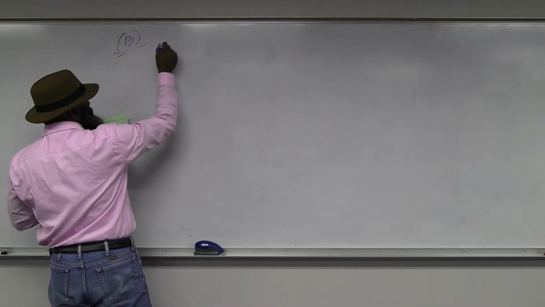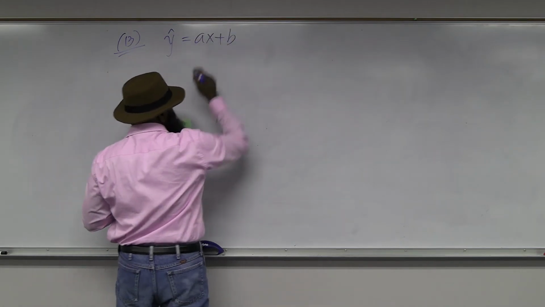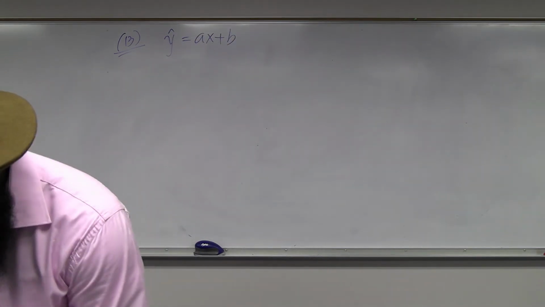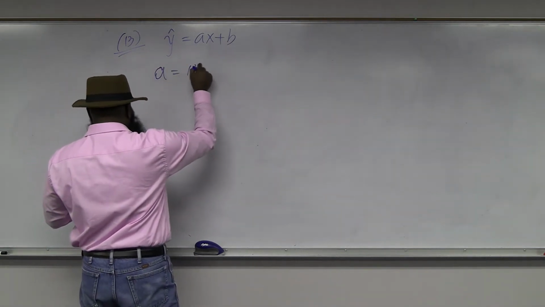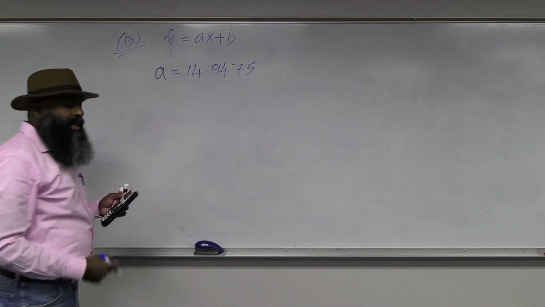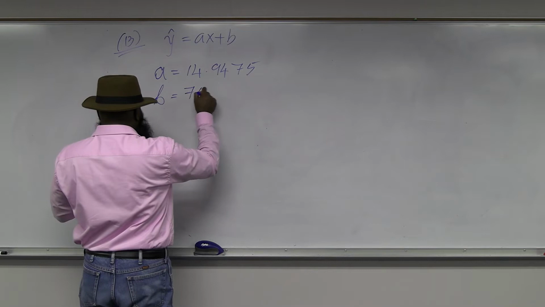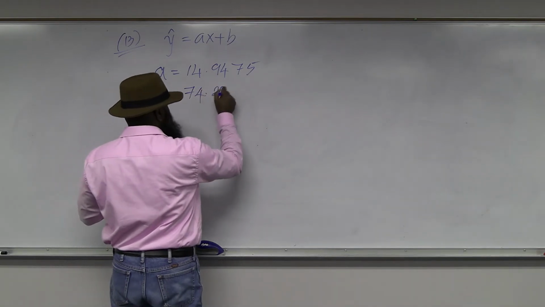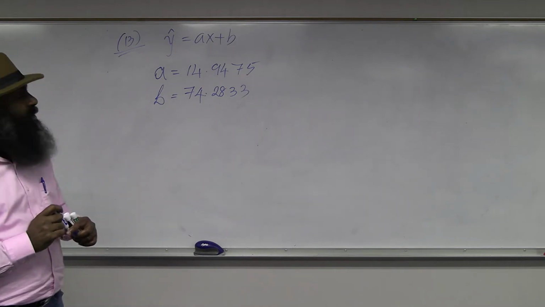We are in point number 13. I need the equation y hat equals ax plus b, and if I read the calculator output, I got a equals 14.9475 approximately, and then b equals 74.2833. I need to write down the estimated equation.